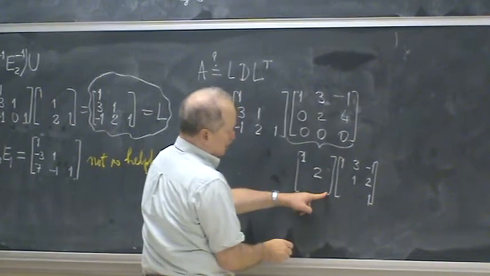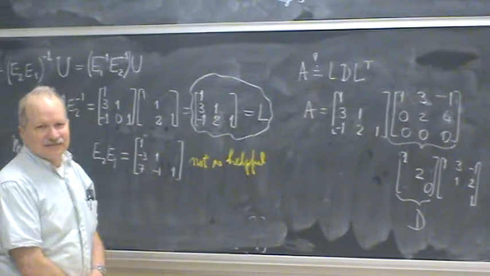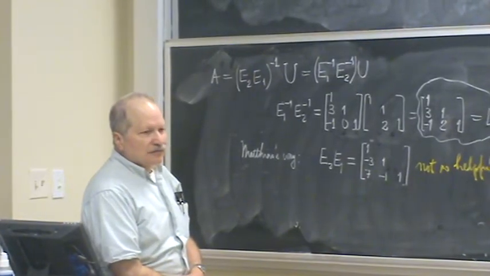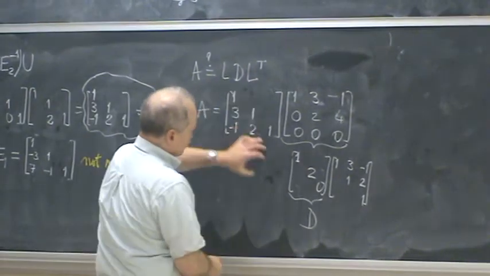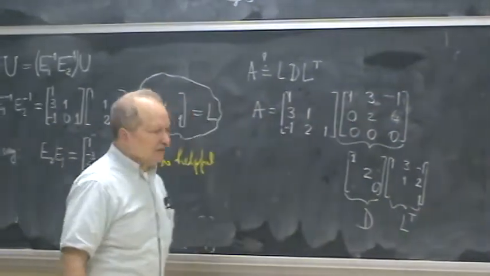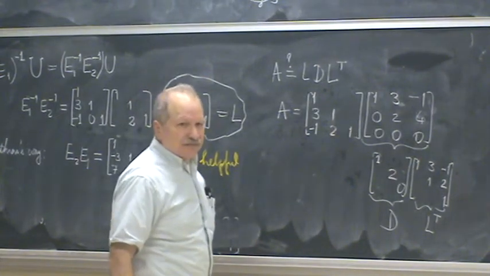And what goes here? 0. And there's your D. So here's L, D, L transpose. Wait, how does L transpose have that? Oh, transpose. Oh, sorry.